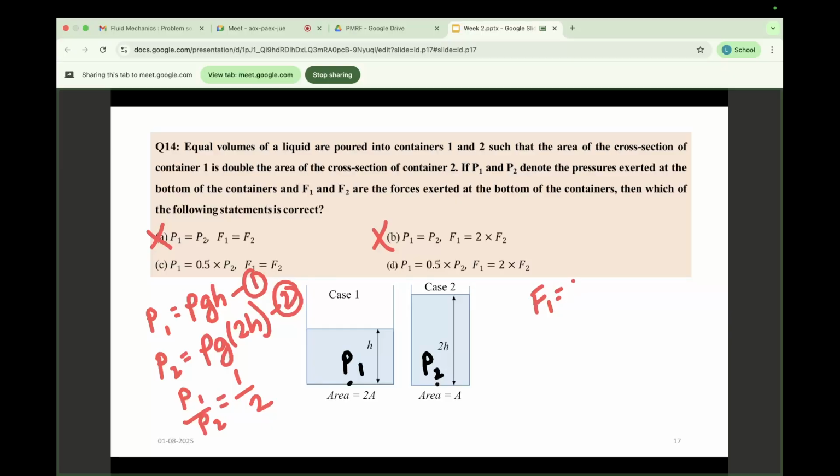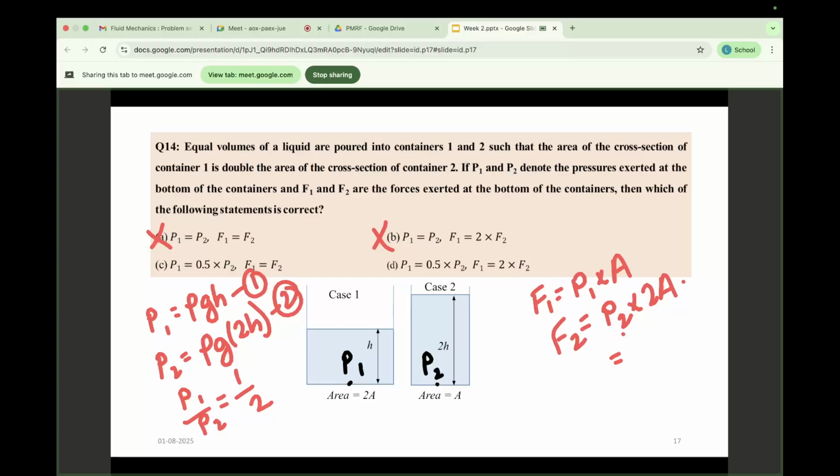Miss Anushka, you tell what should be the value here for F2. This one is A and this is P2 into 2A, right? What is P2?